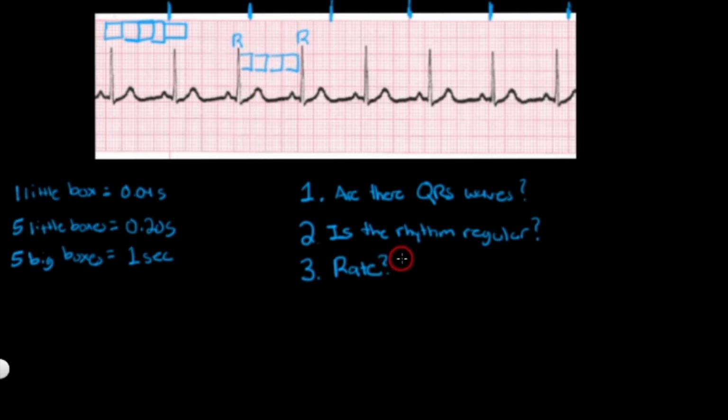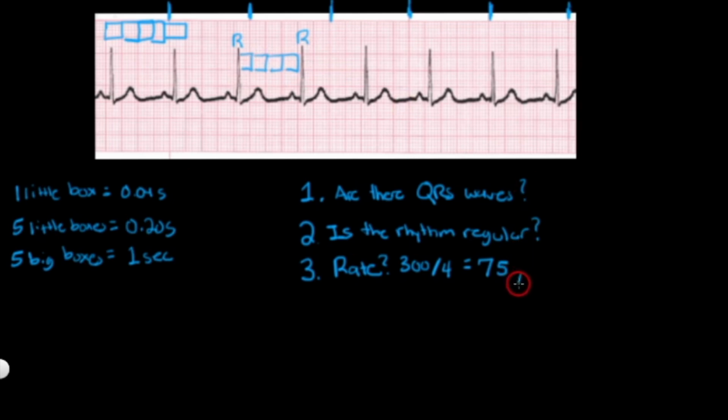One way to calculate it is you'll do 300 divided by 4, which equals 75. Another way to calculate the rate is to count how many little boxes are between the R to R's.